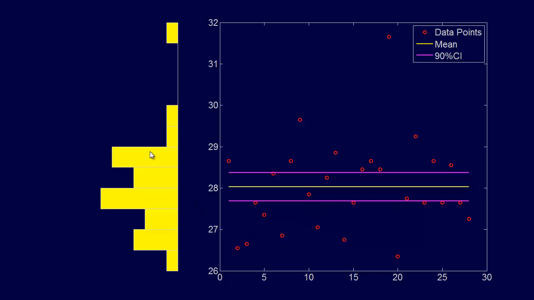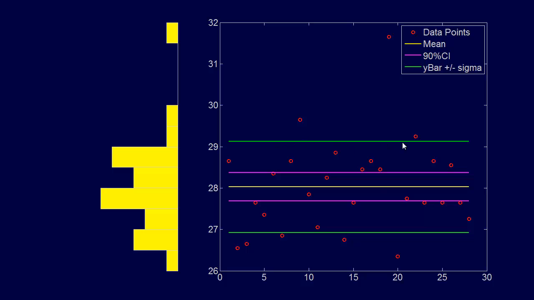There are more data points on the bottom than there are above. There's just one data point up here that's represented by this bar, and so you see the histogram. Okay, and then we plot out the one standard deviation above and below, and that's given by these two green lines, and that's pretty much it for this problem.